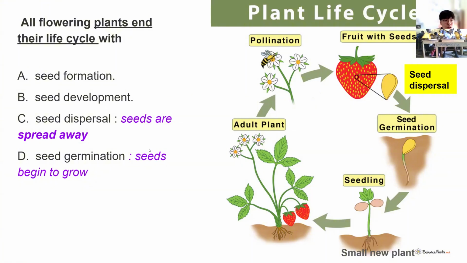So let's look at this question. All flowering plants end their life cycle with which process, you think? At the end, what happens?